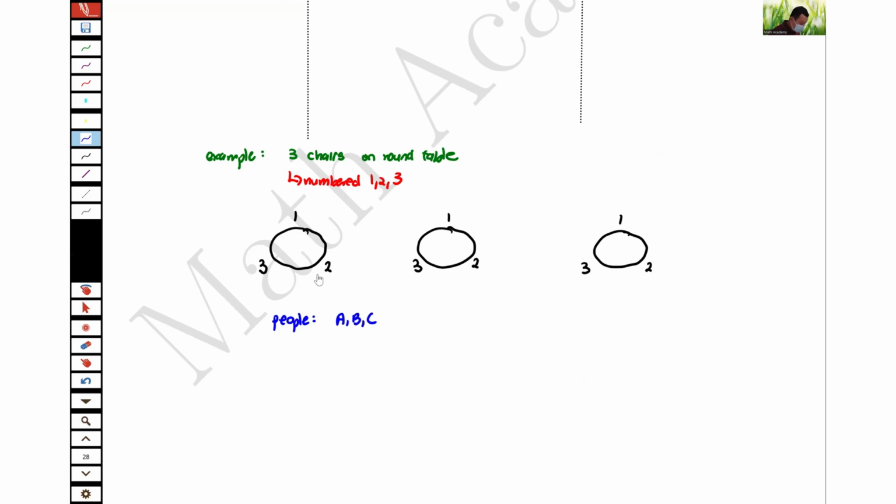So it will look like person A went to seat 1. Person B went to seat 2. Person C went to seat 3. This is one possible way. But what if I rotate the people? We want to visualize as I will be rotating the people by 1 chair.